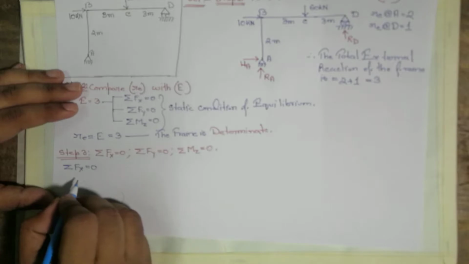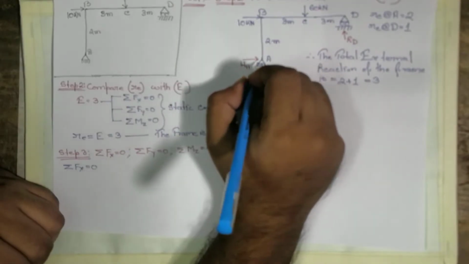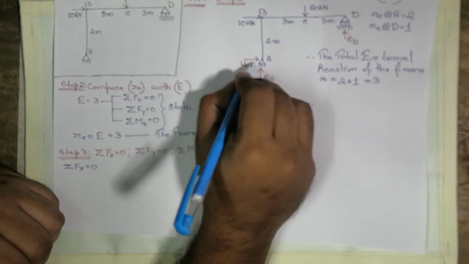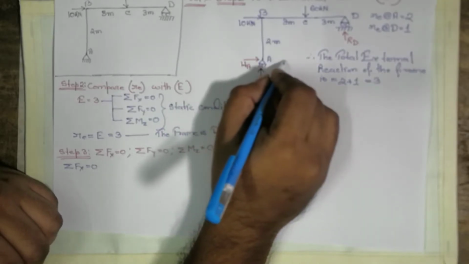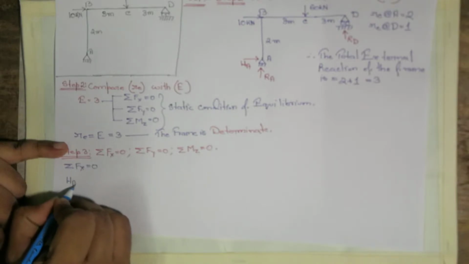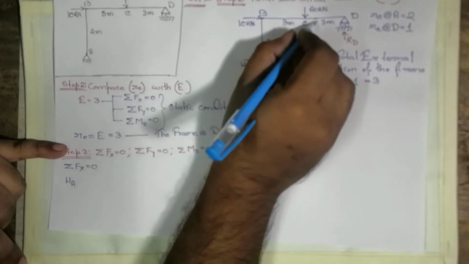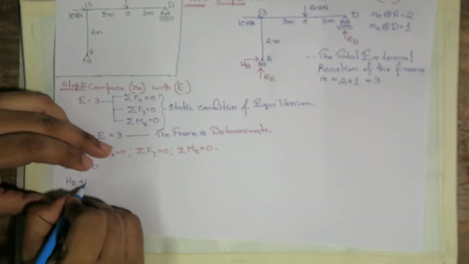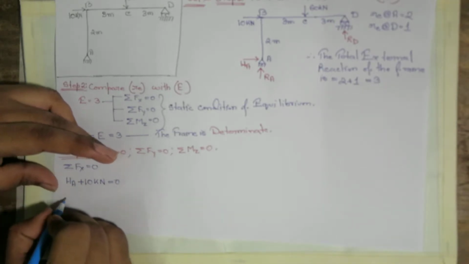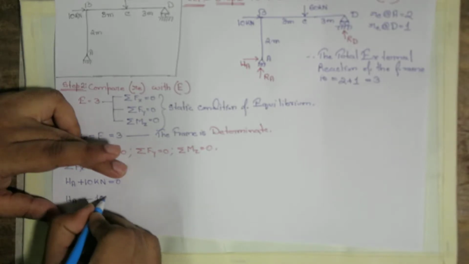That the summation of all the horizontal forces acting along x direction is 0. Now since at point A, HA is along the positive x-axis, we are going to write HA positive. At point B, 10 kilonewton load is also acting along the positive x-axis, so plus 10 kilonewton is equal to 0. After solution, we get that HA equal to minus 10 kilonewton.